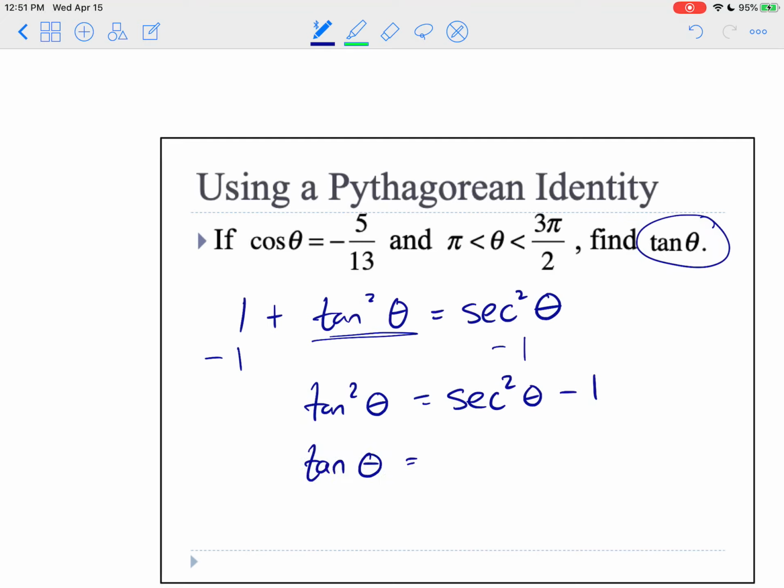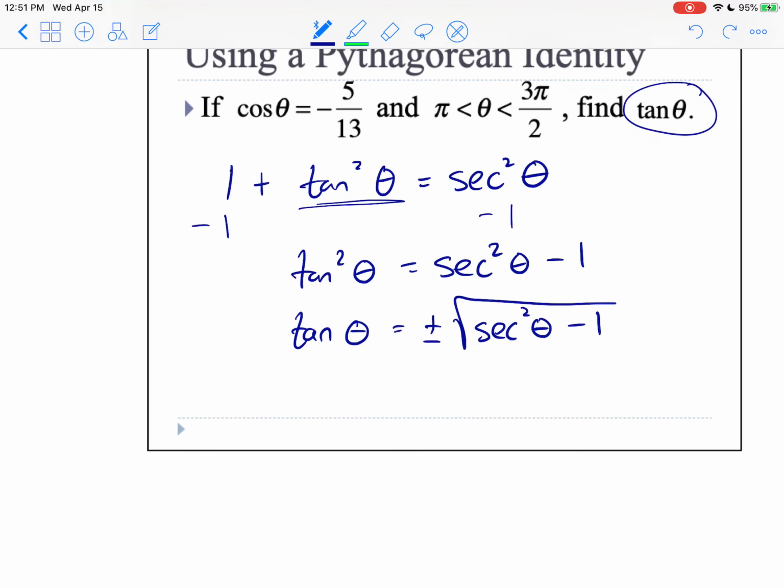Which means that tan theta, if I square root both sides, is going to be plus or minus the square root of secant squared theta minus 1. Okay? Now I cannot simplify this any more than it is right now. Secant squared theta minus 1 square rooted, I can't split up the terms. This isn't secant theta minus 1. That's not how square roots work.